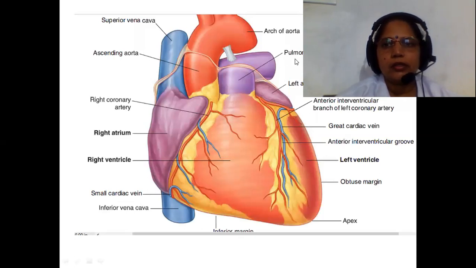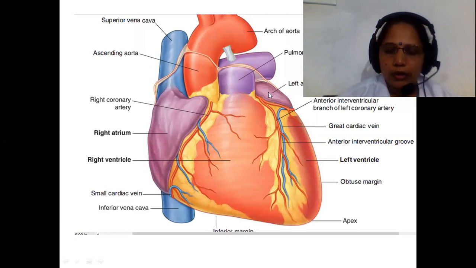This is the anterior aspect of the heart. It is a very clear diagram: this is the arch of aorta, this is the ascending aorta, this is the superior vena cava, this is the inferior vena cava, this is the right atrium, right ventricle and left ventricle, and this is the left auricle.